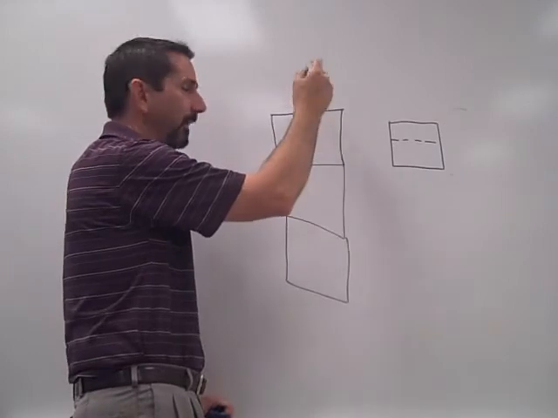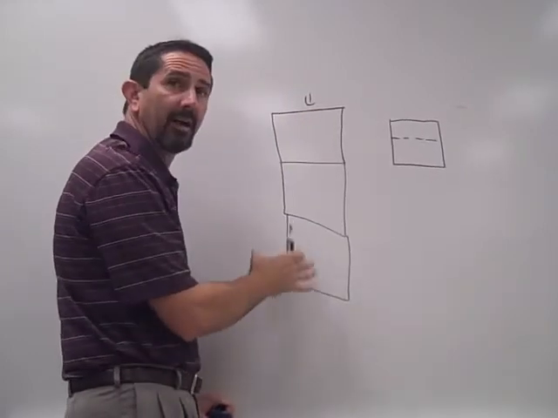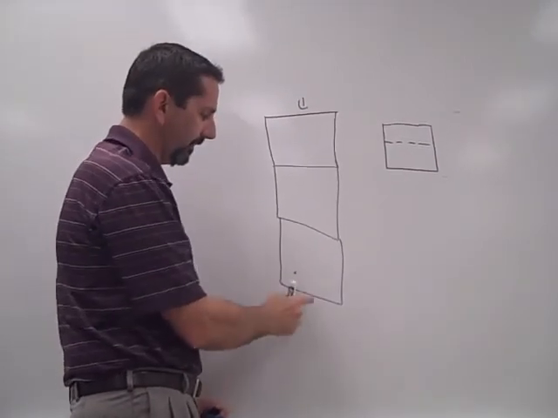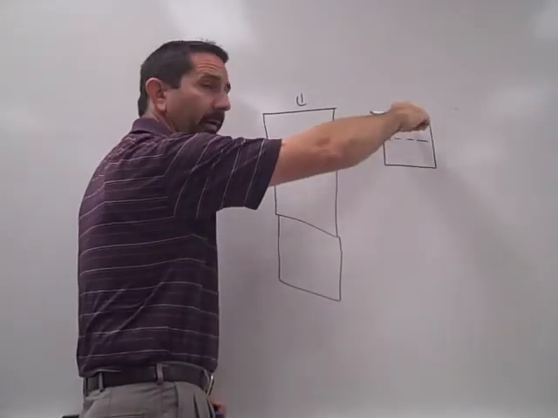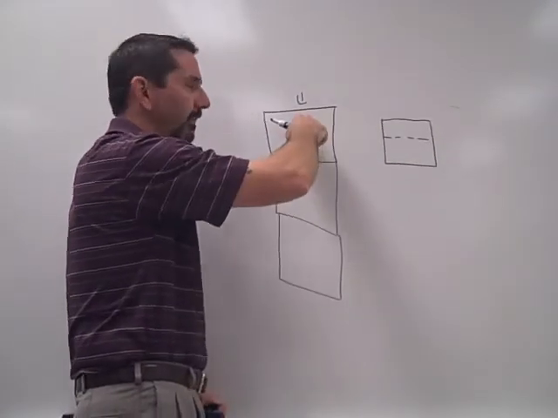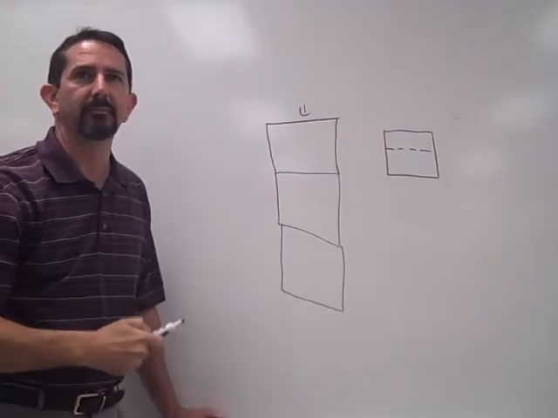We lost this line. Because in this drawing, this line is now here, but so is that line. How come I can only see one line?